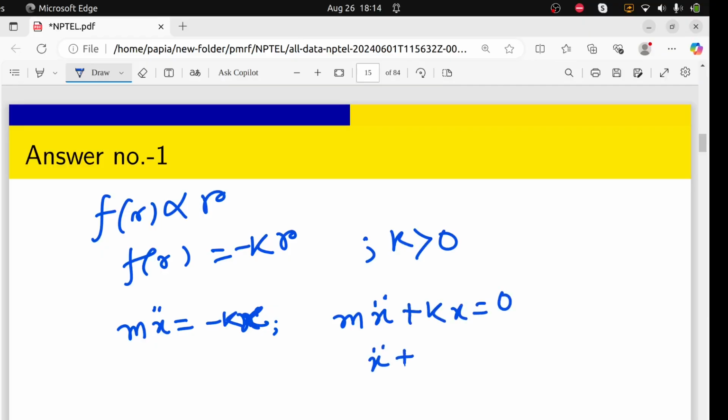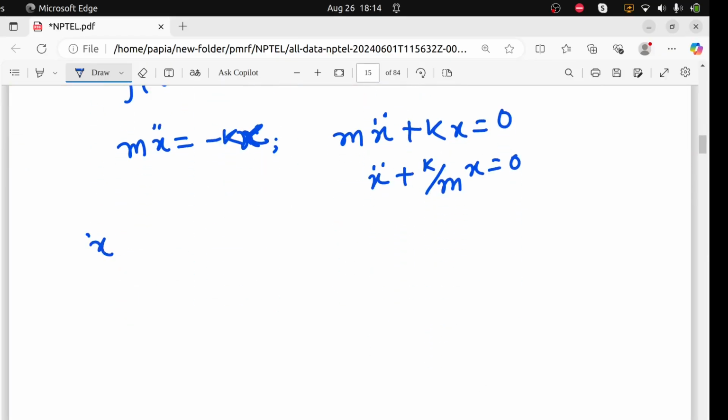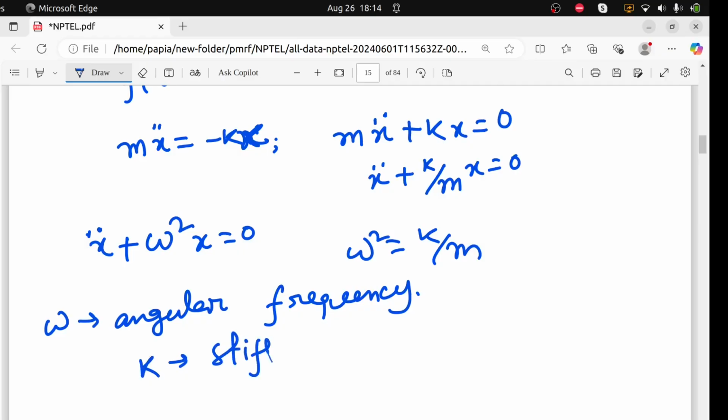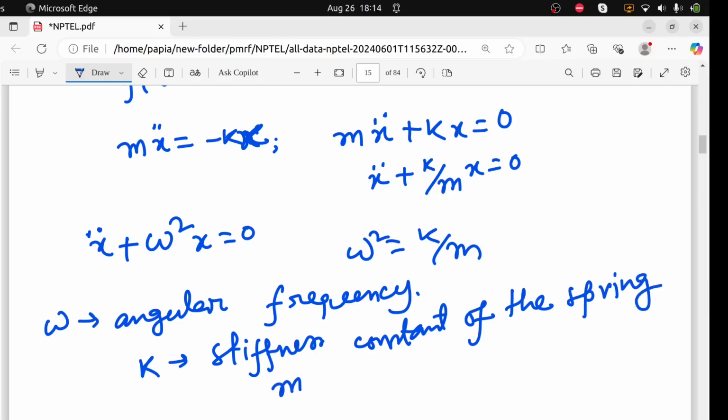Then x double dot plus k by m x equals 0. So I can write it again here, x double dot plus omega square x equals 0, where omega square is k by m and omega is the angular frequency. Okay, and k is the stiffness constant of the spring, and m is the mass of the particle.